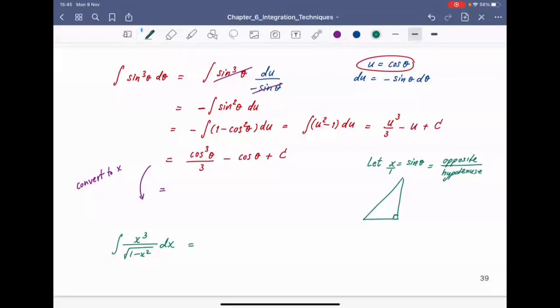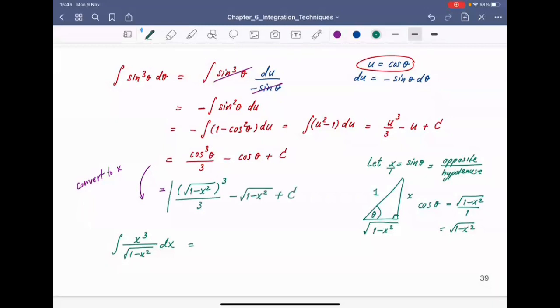That means the adjacent side is square root of 1 minus x squared by the Pythagorean theorem, so cosine theta is square root of 1 minus x squared over 1. Then you put this back, and you get square root of 1 minus x squared to the cube power over 3 minus square root of 1 minus x squared plus c. And this is your final answer.